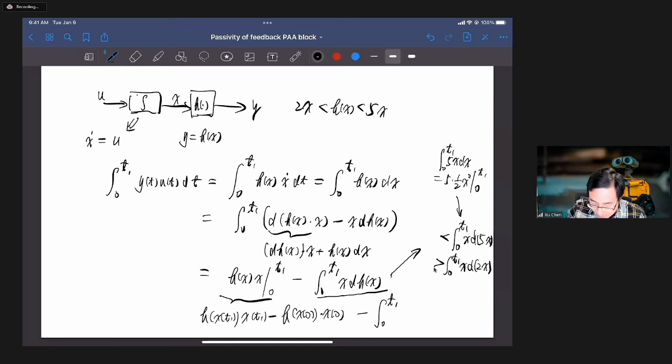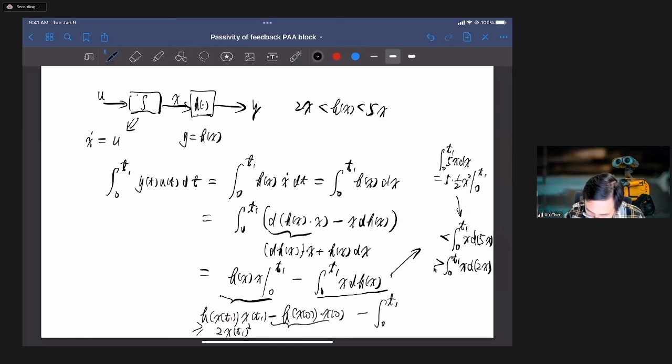All right, and then we know that we will be able to find some bounds for this term, and for these we can also find some bounds too, right? For h of x at t1, again, apply the sector bounds. We will know that it's going to be lower bounded by, for this case, 2x at t1 squared.